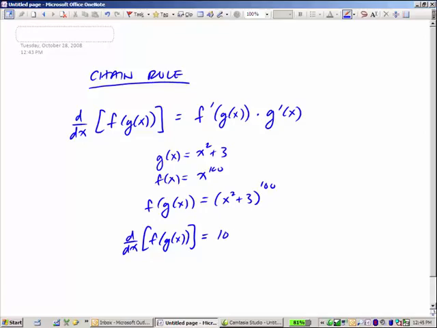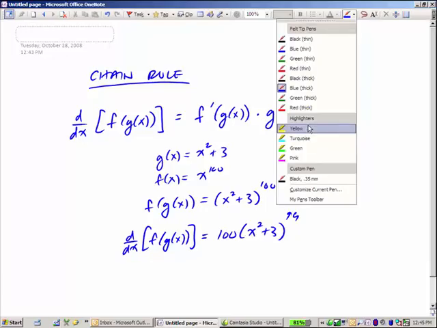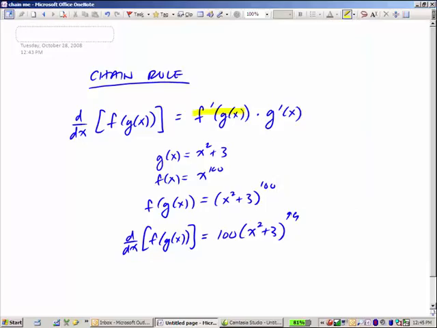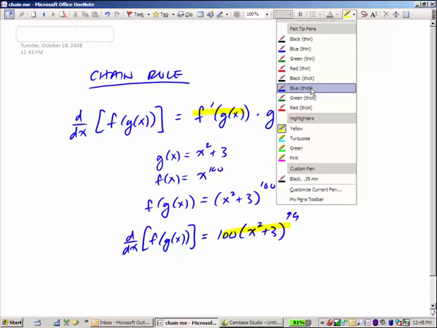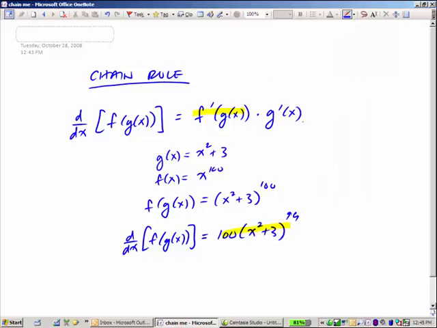That's 100 times whatever it is to the 99th power. So that's this piece. That's the derivative of f with respect to g of x, where g of x is the inner function. And then chain on the derivative of g of x. Well, what's the derivative of x squared plus 3? 2x.